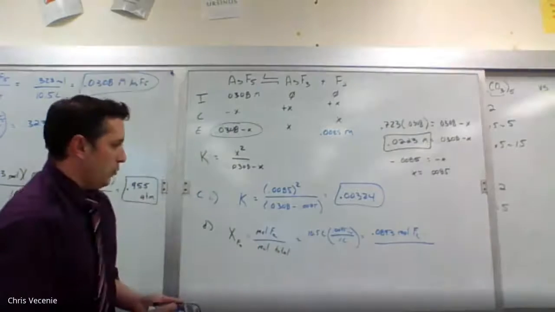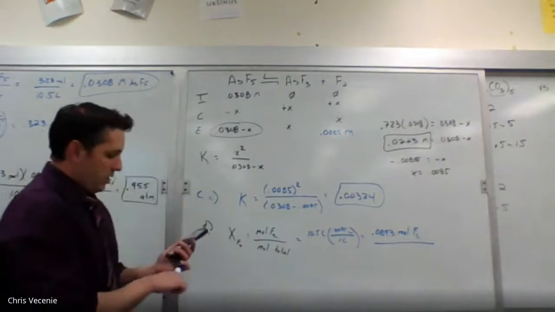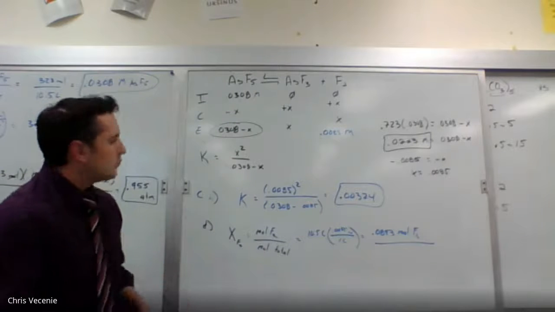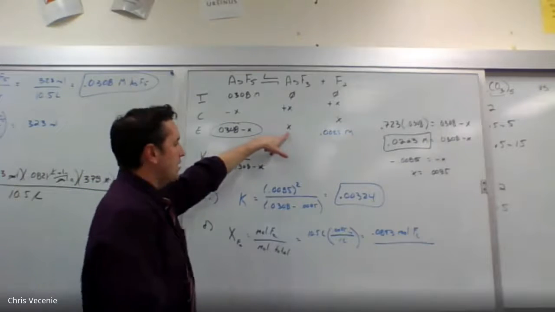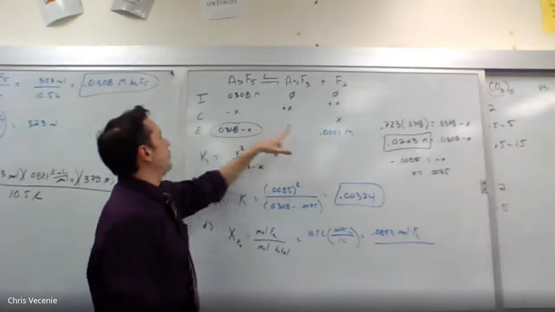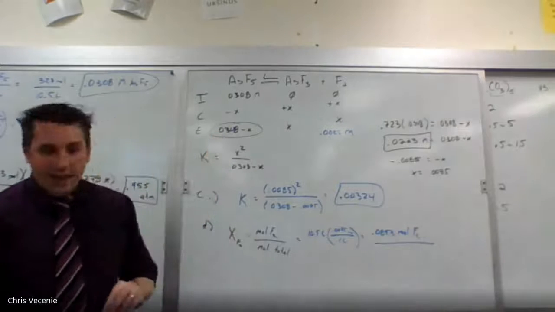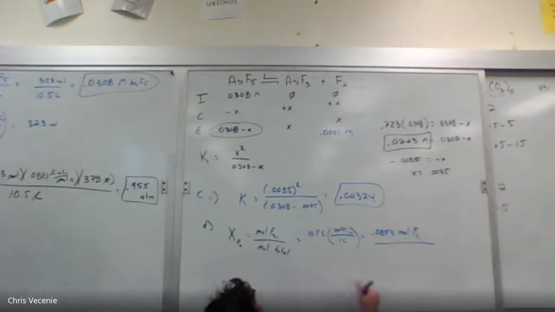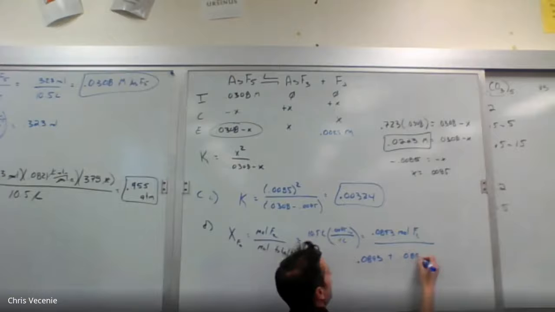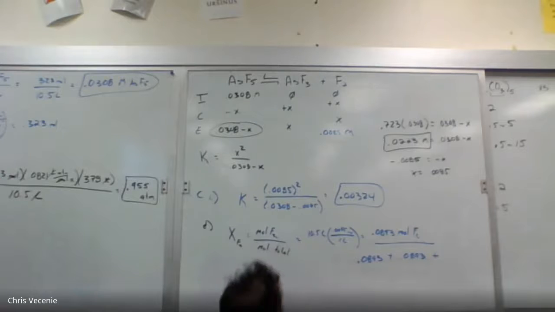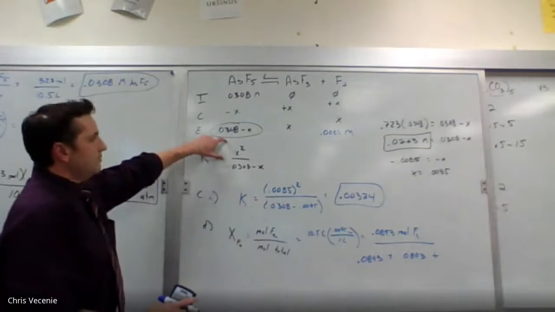And now I'm going to get the total moles. So good news on that front, you know the AsF3 is the same value. So on the bottom, I'm going to have the F2, the AsF3, and the AsF5. Two of those values are going to be the same as this. So that one there, 0.0893 plus 0.0893 plus, and now we just need to figure out this guy here.